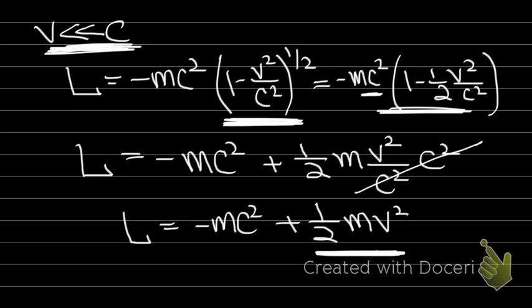But we also have this term that is negative mc squared, and we know from Einstein's relation that mc squared is nothing but the rest mass energy of a particle. Now, it looks like this negative mc squared is troublesome in this expression, right?